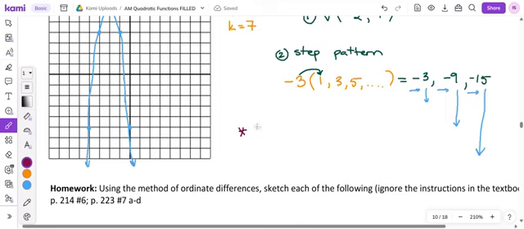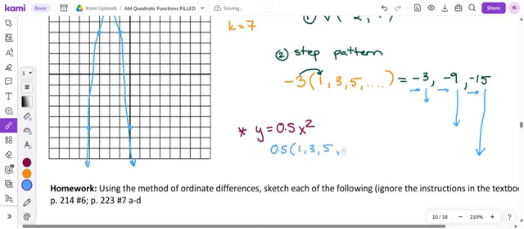Now, what would happen if I had an A value that was a decimal, something like 0.5? In that case, my step pattern, I would multiply it by 0.5, right?